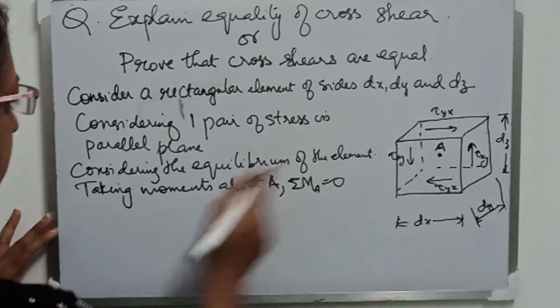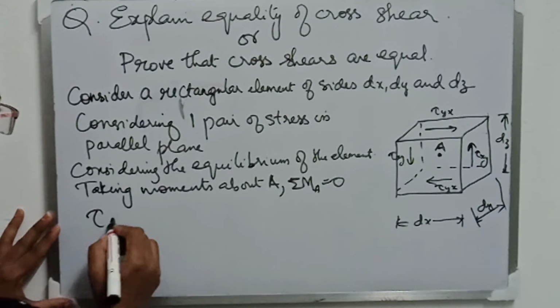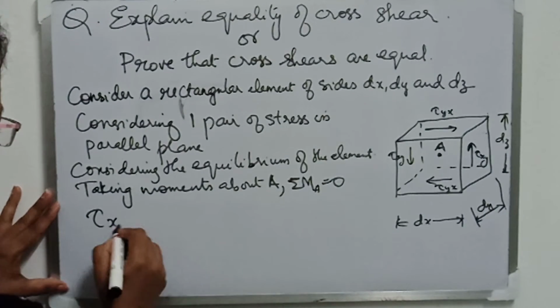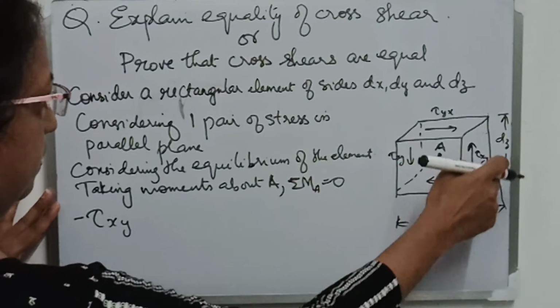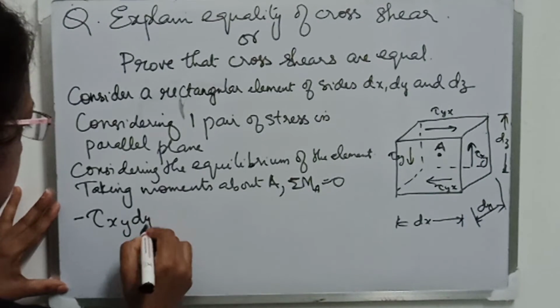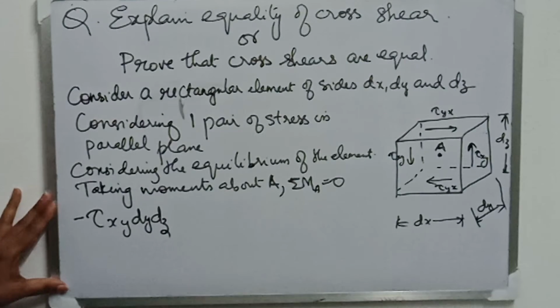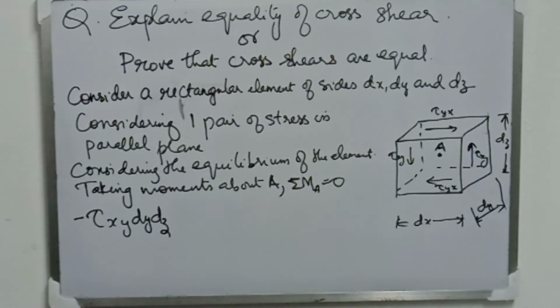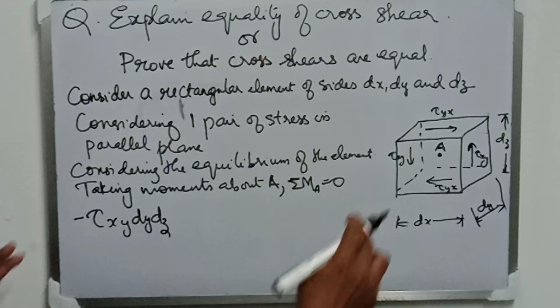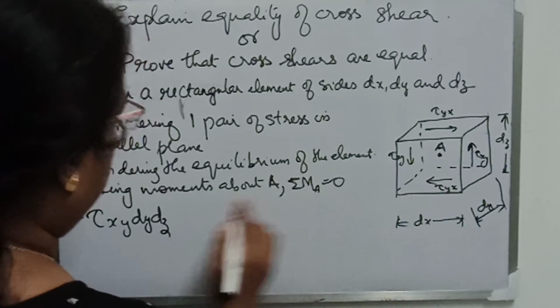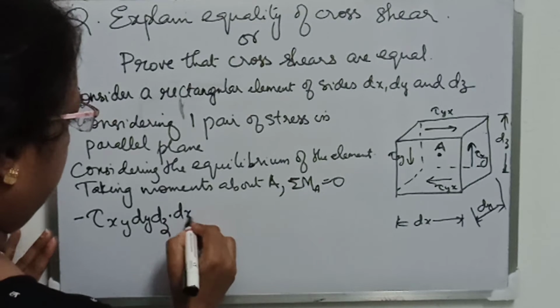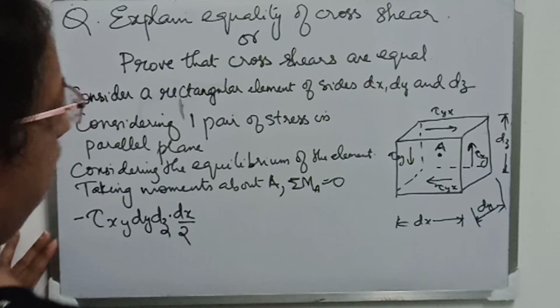So let us take this stress tau xy. It will create an anti-clockwise moment and it is acting on an area dy into dz. So this will cause an anti-clockwise moment, so I put negative. Now the perpendicular distance of this shear force from A is dx by 2.